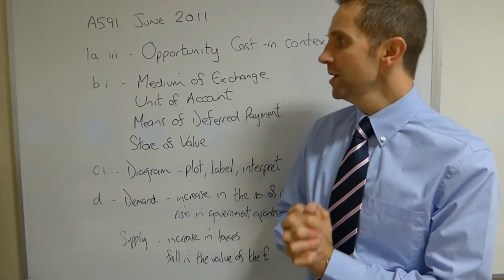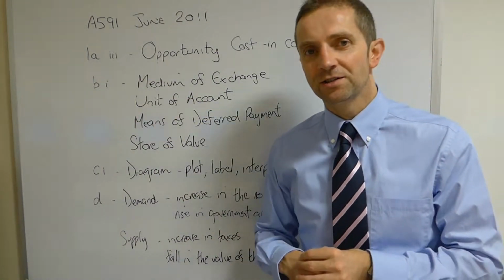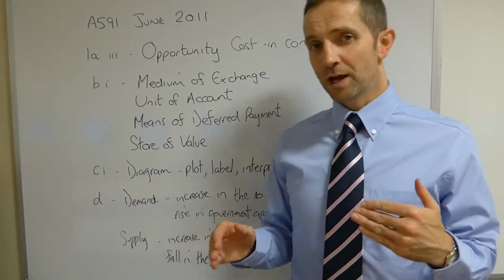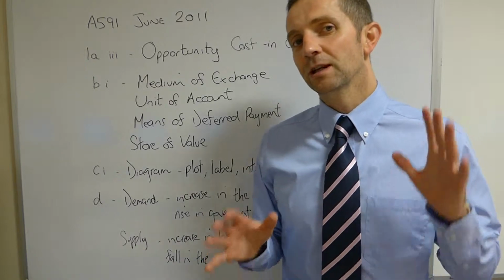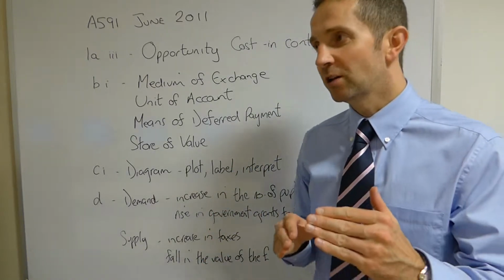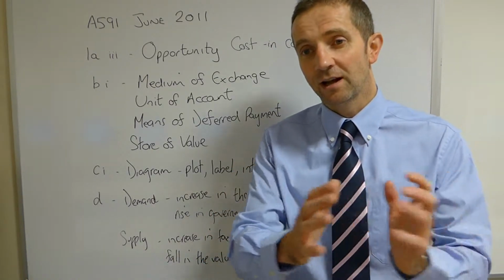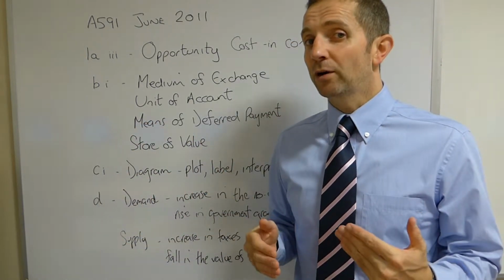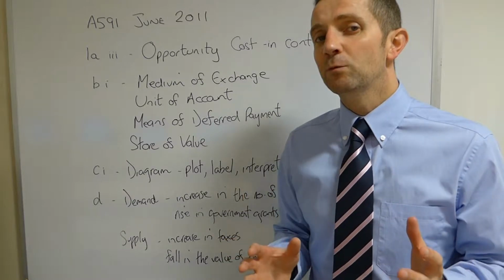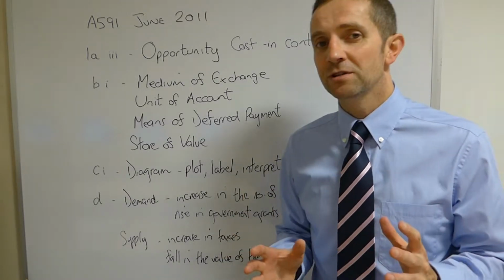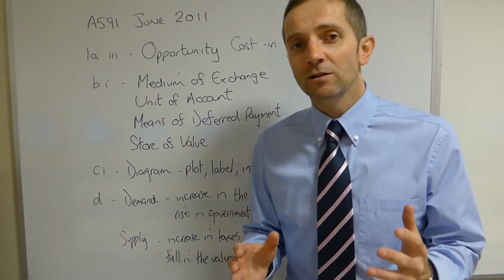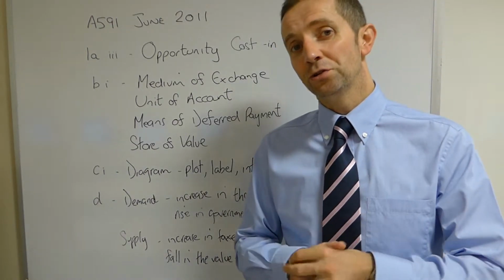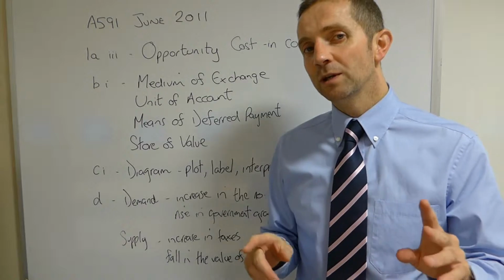So, 1A, part 3 is where I'd like to start. In the previous question, 1A, part 2, you're asked simply to explain what the opportunity cost is in terms of the economics classroom versus the English teacher. And then in 1A part 3 it says, explain what's meant by the term opportunity cost with regard to this particular scenario. So two things you ought to have done here, most of you only did one.